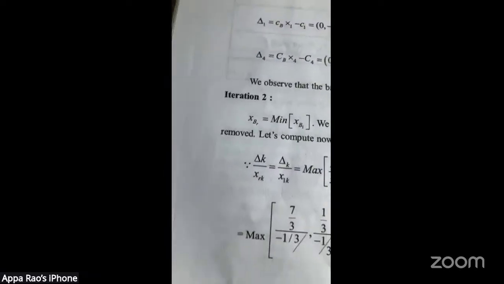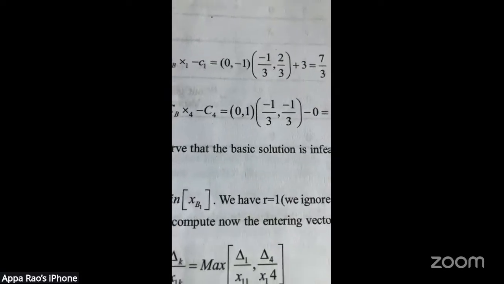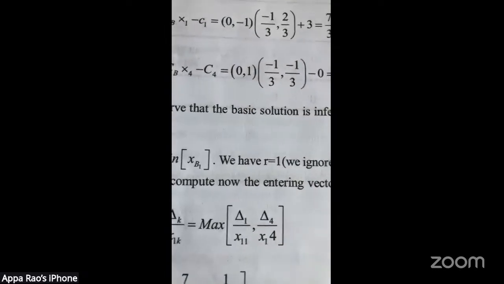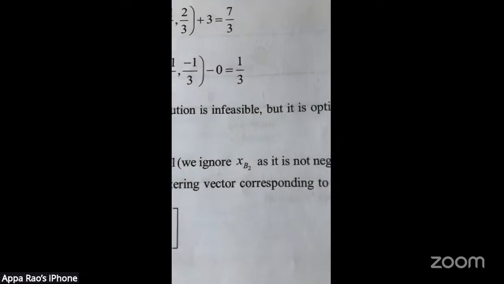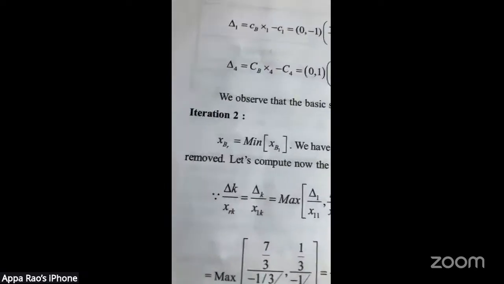So delta j equal to CB XA minus CA, that is 0, 1 times minus 1 by 3, minus 1 by 3, minus 0 equal to 1 by 3. So we observe that the basic solution is infeasible, but it is optimal.